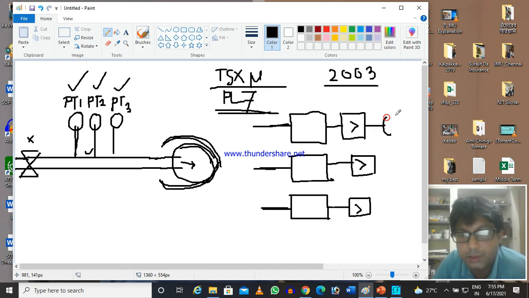Then each will actuate one coil, a memory coil.